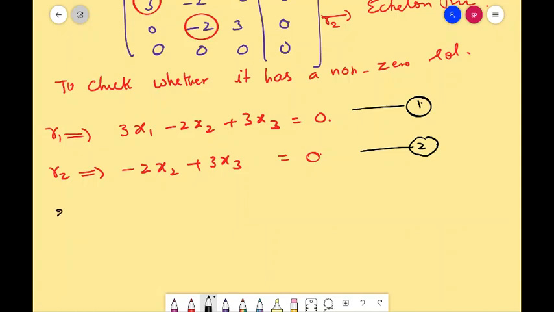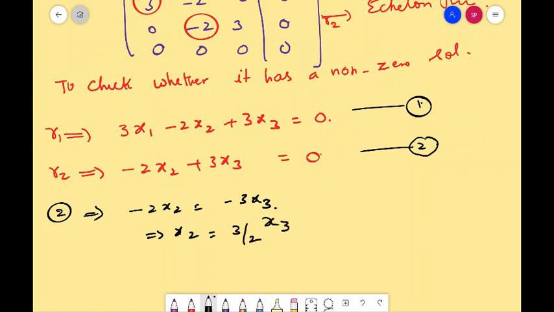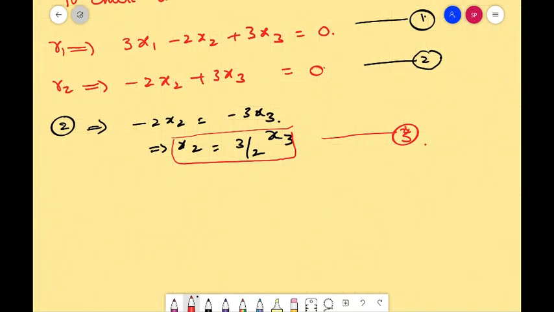Now, from 2 I can write minus 2x2 is equal to minus 3x3, which implies x2 is equal to 3 by 2 x3. This is equation 3. x2 value you got as 3 by 2 x3. Now let us substitute 3 in 1.